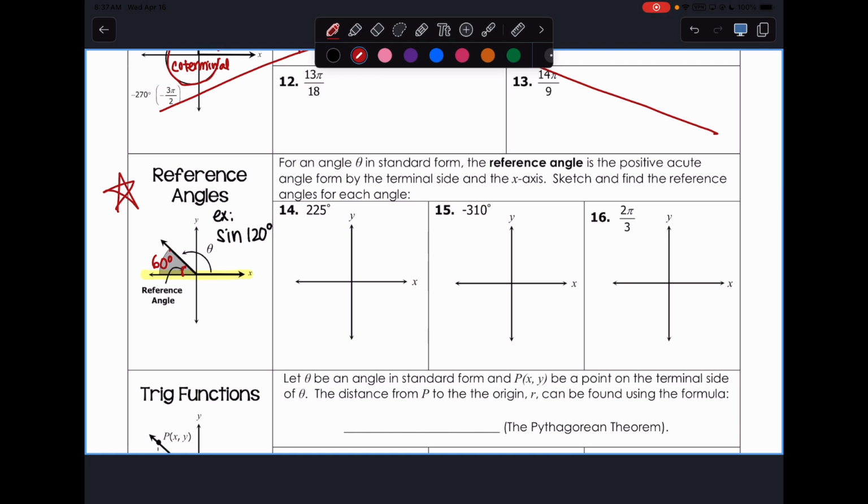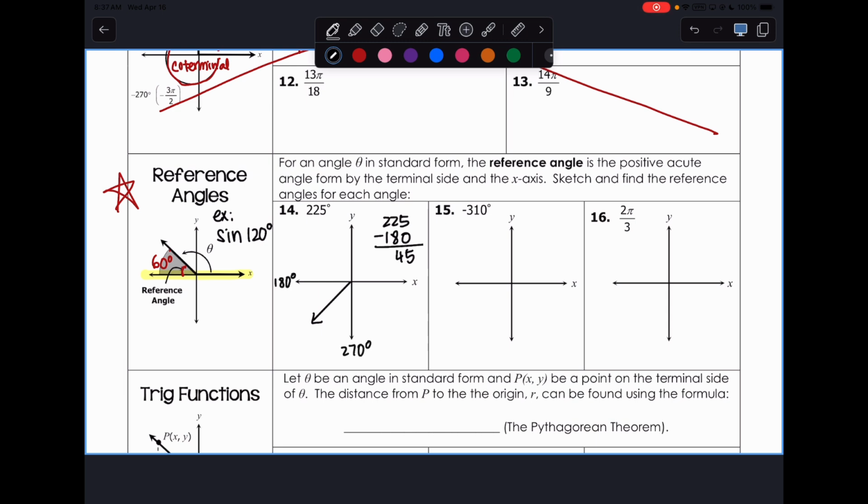You can't do the math? Do the math like this. 225 minus 180. How much more? 45. Thank you. Okay. All right, we're awake. Okay. So it's 45 degrees. It's like half of this angle between 180 and 270.